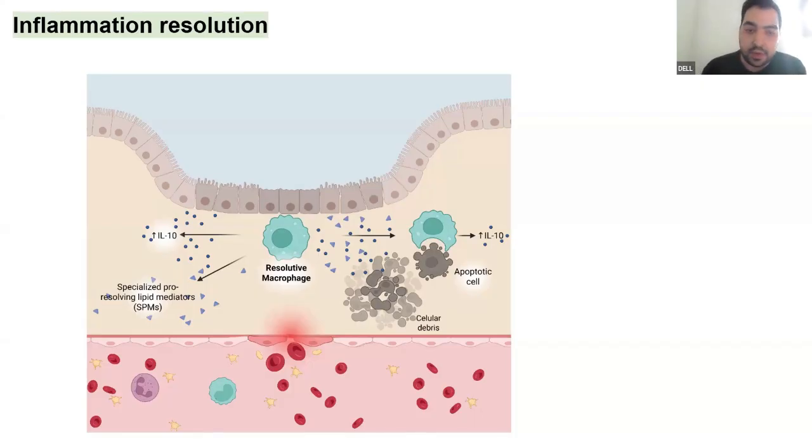So this phenotype, commonly referred to as resolutive macrophages or M2-like macrophages, supports tissue regeneration and restoration of the homeostasis.